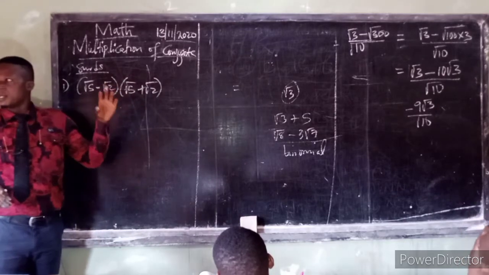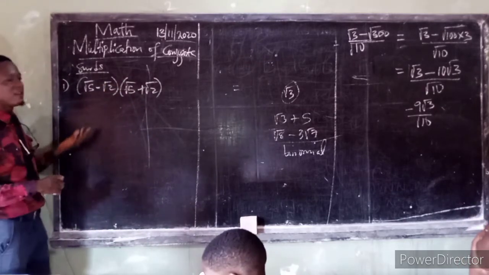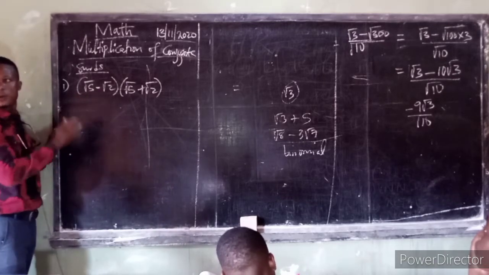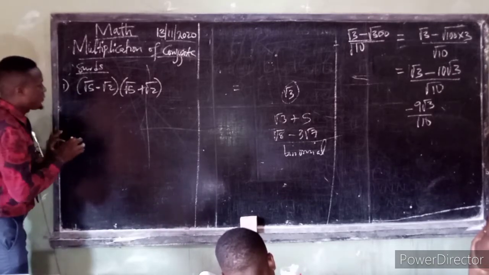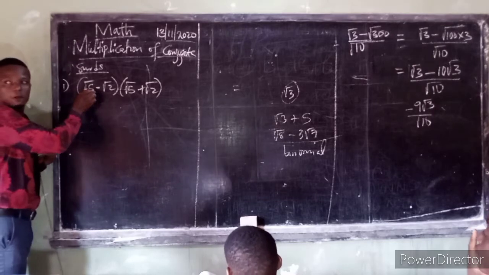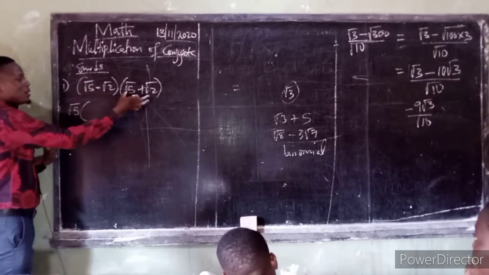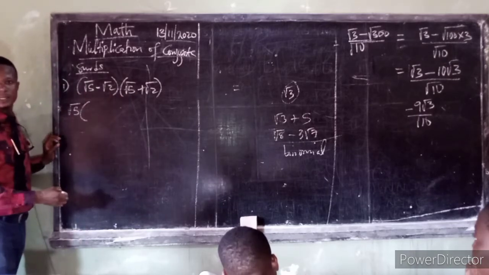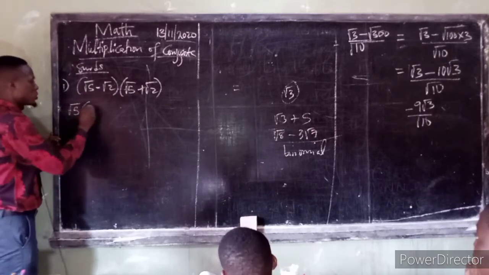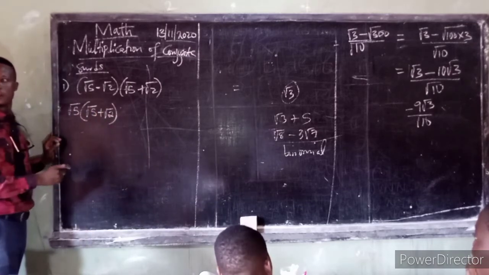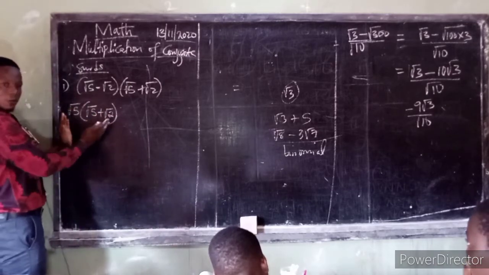Okay. Now, when we have this, surd 5 minus surd 2, multiplying surd 5 plus what? Surd 2. The best way to tackle this kind of simplification is to carefully bring the terms in the first bracket one after the other. The first term here is what? Surd 5, right? So we have surd 5 multiplying everything in the second bracket. And the second bracket is what? Surd 5 plus surd what? 2. Is that not so? Close your bracket.